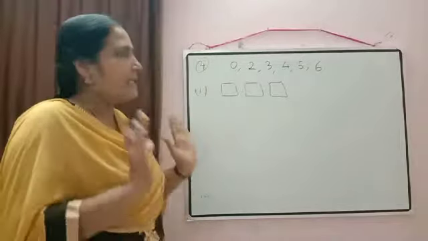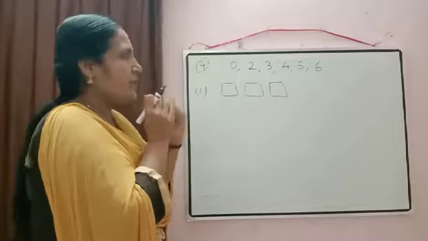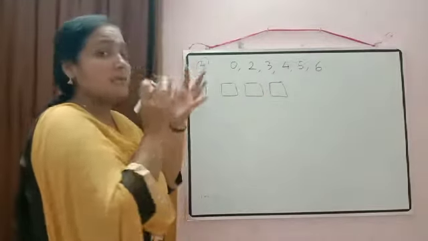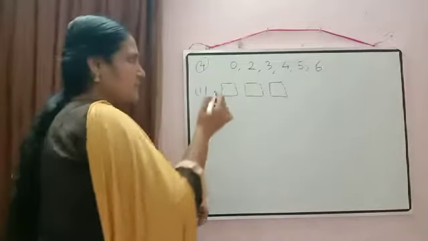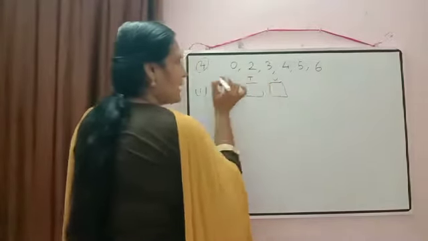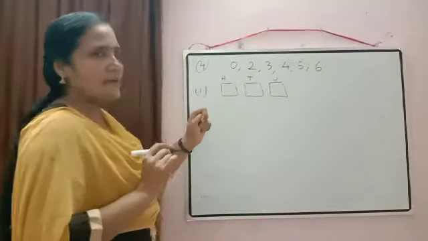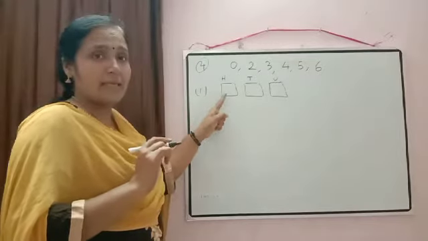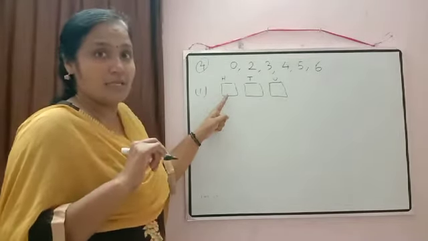We want a 3-digit number. So now we will check out of these digits how many possibilities are there. A 3-digit number has a unit place, tens place and hundreds place. If it is a 3-digit number, 0 will not come in the hundreds place, because then it will be a 2-digit number.